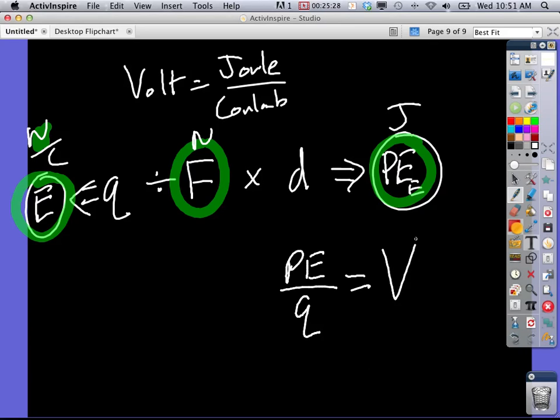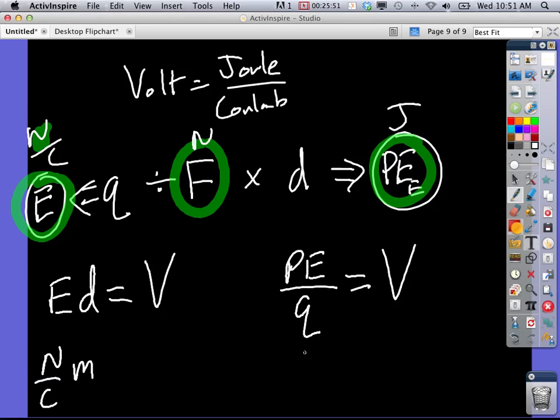So what can we do on this side? Take E times D, right? And that's going to give us volts also, because E is newtons per coulomb, and a joule is a newton meter. So this becomes newtons per coulomb times meters.